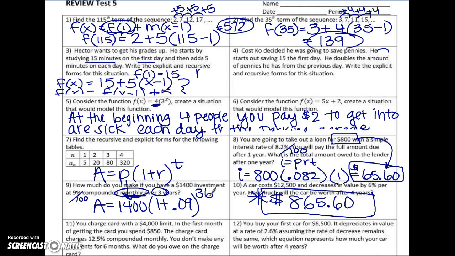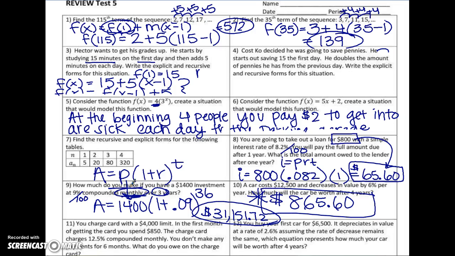So this is 36 as your exponent, which means that you end up paying $31,151.72. That's a huge amount of money, especially. It does say how much do you make, so that's an awesome investment. 9% is a huge amount of money.